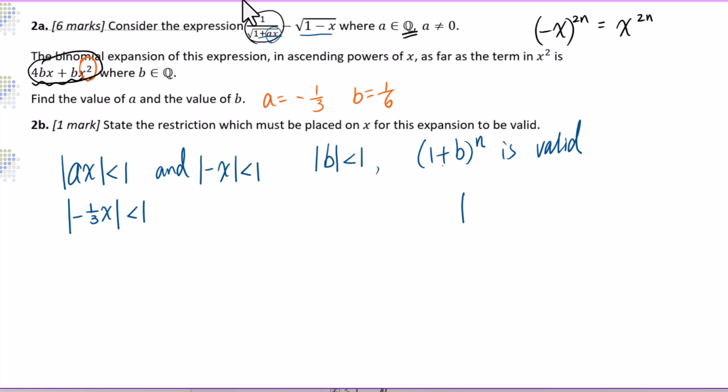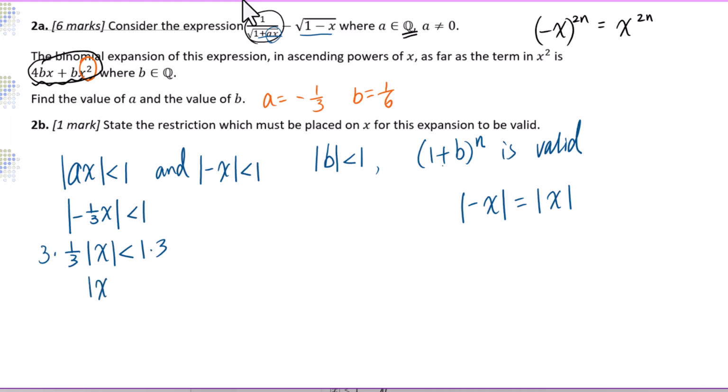We do know the absolute value of negative x equals the absolute value of x. So we have 1 over 3 times the absolute value of x less than 1, times 3 both sides.